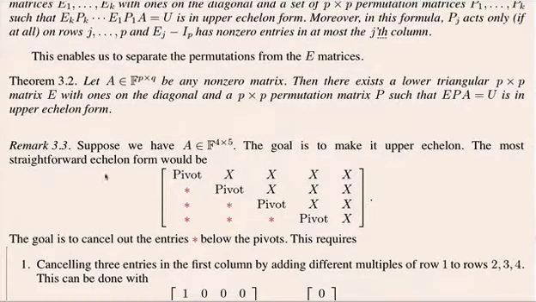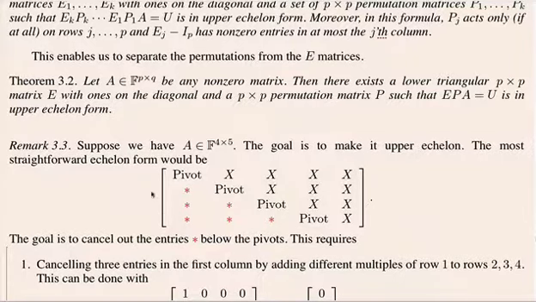It's easier to see this through an example, or if not a completely specified example, at least the sizes of the matrix are given. So if A is a 4 by 5 matrix, this is the general form, and the goal is to make it upper echelon.